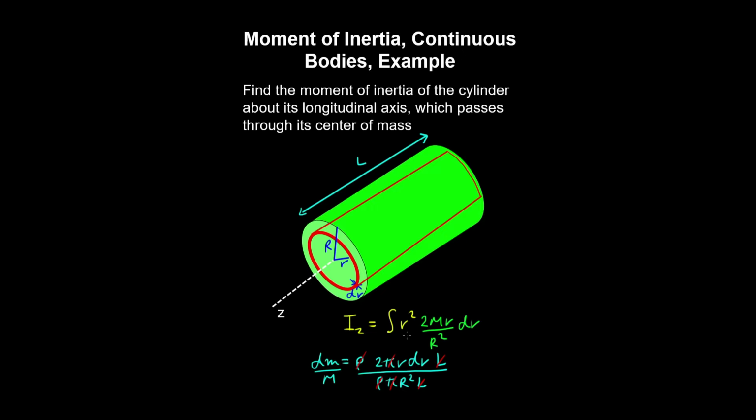And then integrate from 0 to r. And if you make some simplifications, so that will be r cubed, then taking the constants outside the integral, and then evaluating this integral, you get the following moment of inertia.